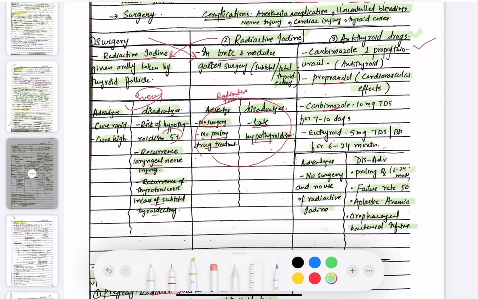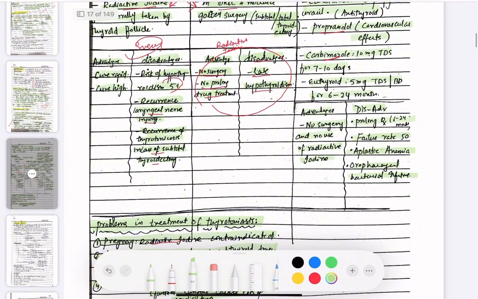Another treatment option is antithyroid drugs, which are carbimazole and propylthiouracil, and propranolol is given for cardiovascular effects. The advantages are that no surgery is required, and the disadvantages are that it is a prolonged treatment and there is a failure rate of 50%, and aplastic anemia may occur, presenting as oropharyngeal bacterial infections.